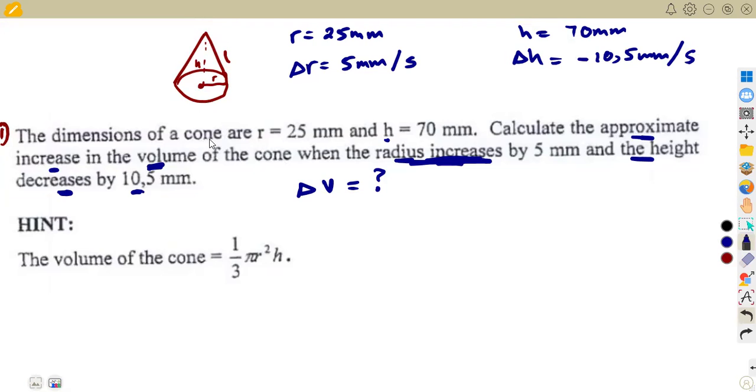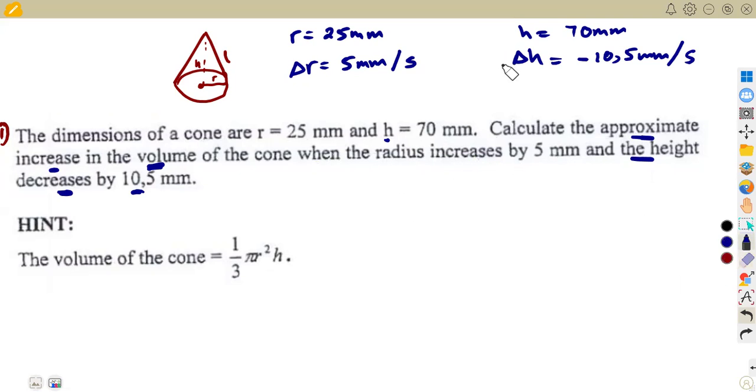It's a rate. The rate of this is affected per unit time, per unit second. All right. So the unit for volume is going to be cubic millimeters per second, because we're talking about the change of volume per unit time. So what is going to be the change in volume?